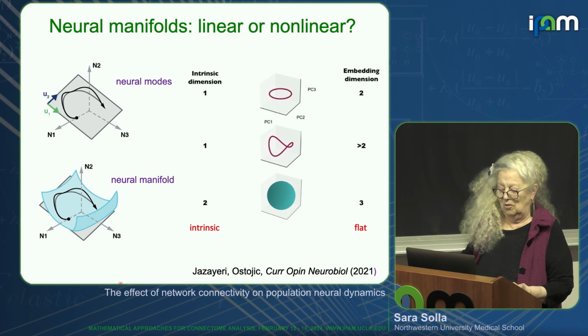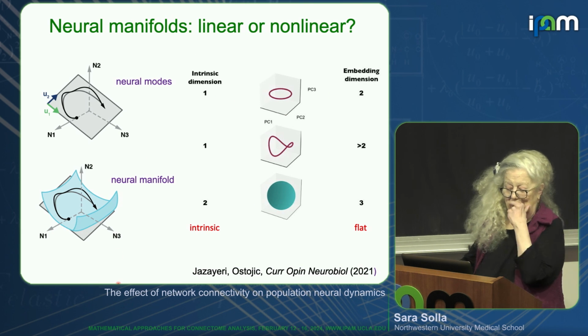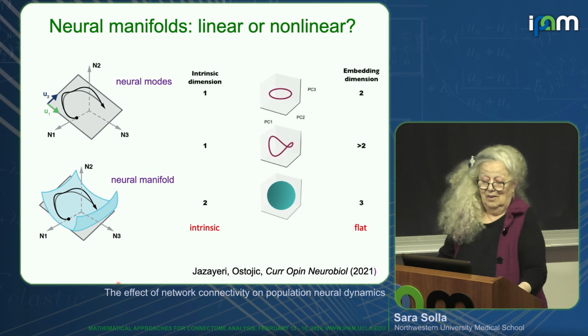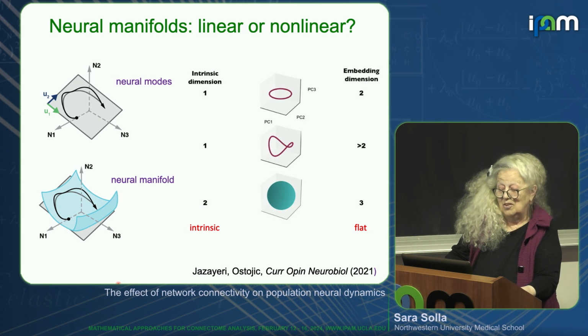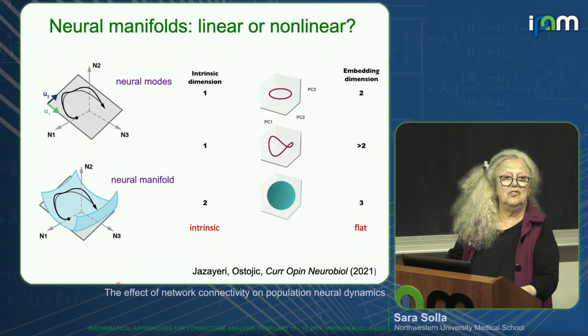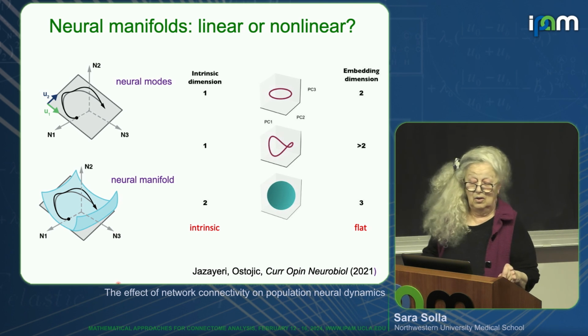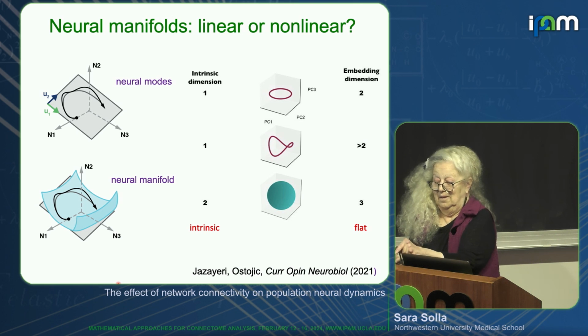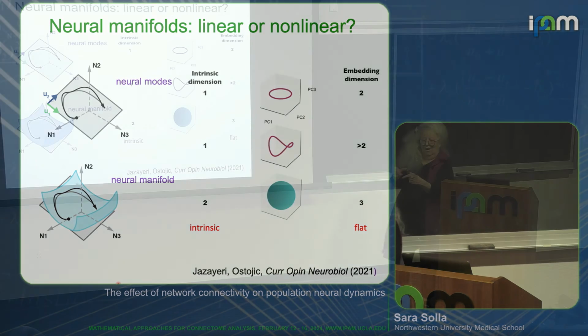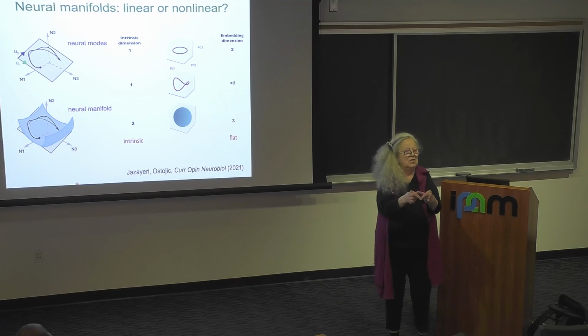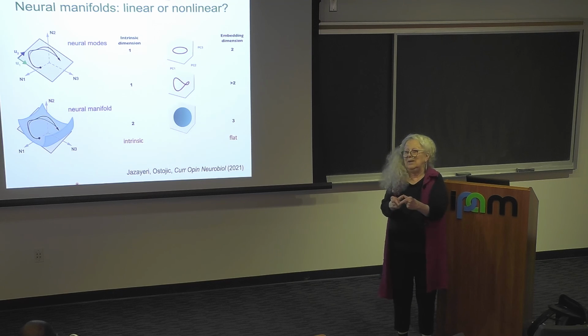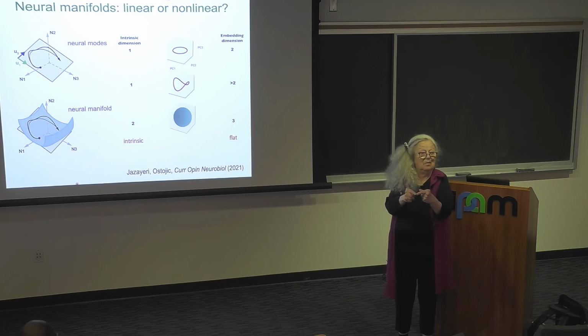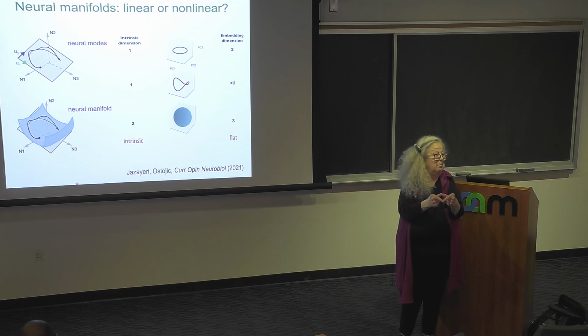And there is a beautiful recent paper by Merhat Sayeri and Srdjan Ostojic, where they discuss this notion of intrinsic dimension versus embedding dimension. So they say, okay, look, if I take my shoelace and I make an arc, the intrinsic dimension is 1, but I need at least 2 Euclidean dimensions to see it. However, if I pinch it a little bit, I will need at least 1 more dimension.